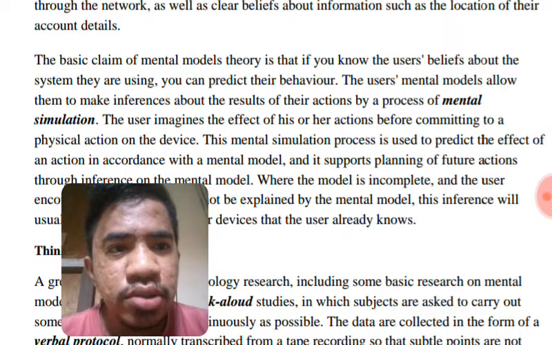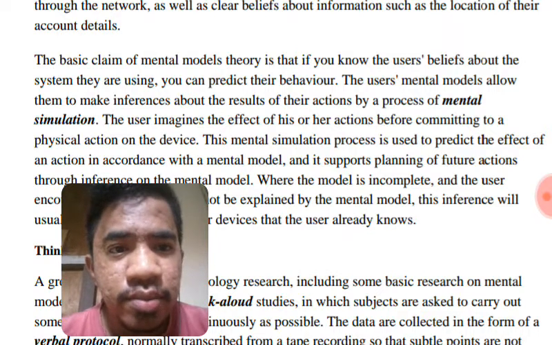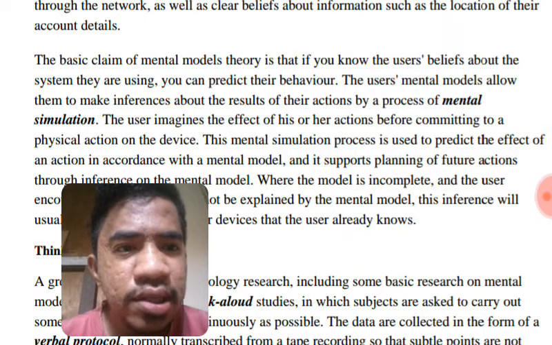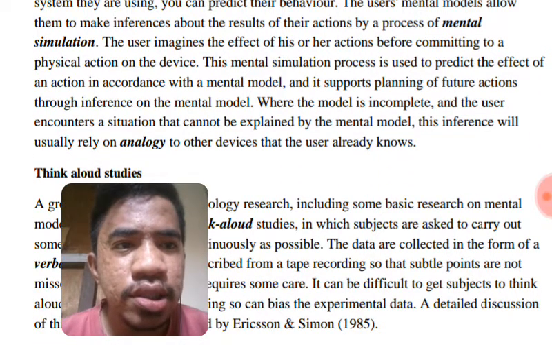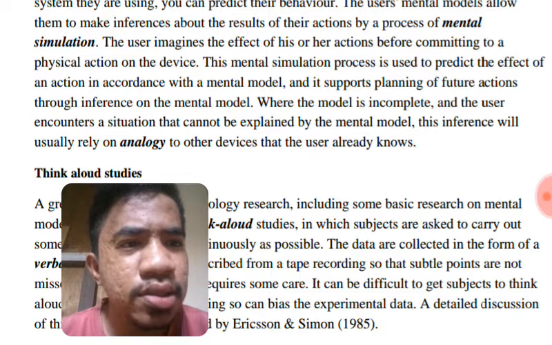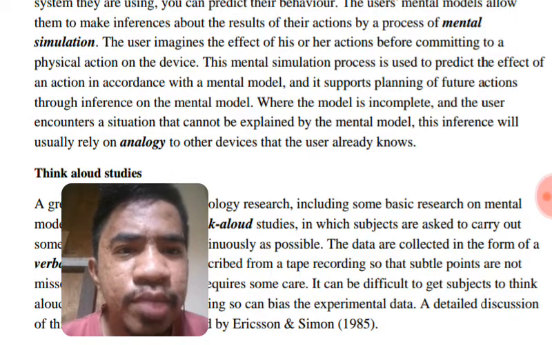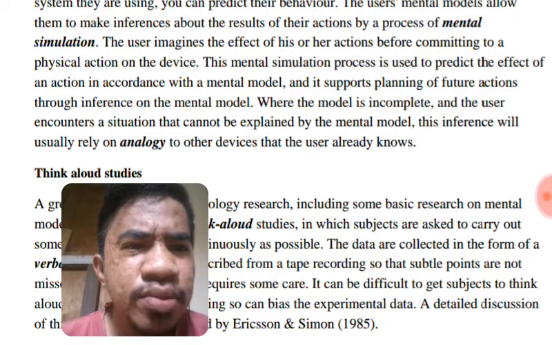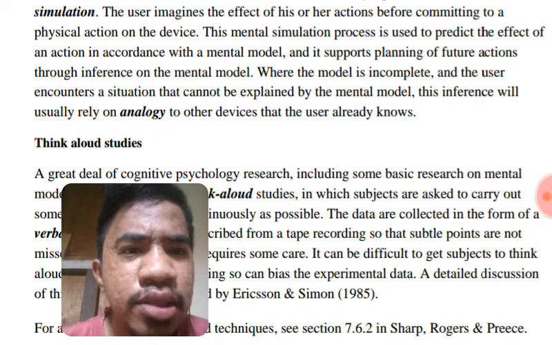The user's mental model allows them to make inferences about the result of their actions by a process of mental simulation. The user imagines the effect of his or her action before committing to a physical action on the device. This mental simulation process is used to predict the effect of an action in accordance with the mental model, and supports planning of future action through inference on the mental models.